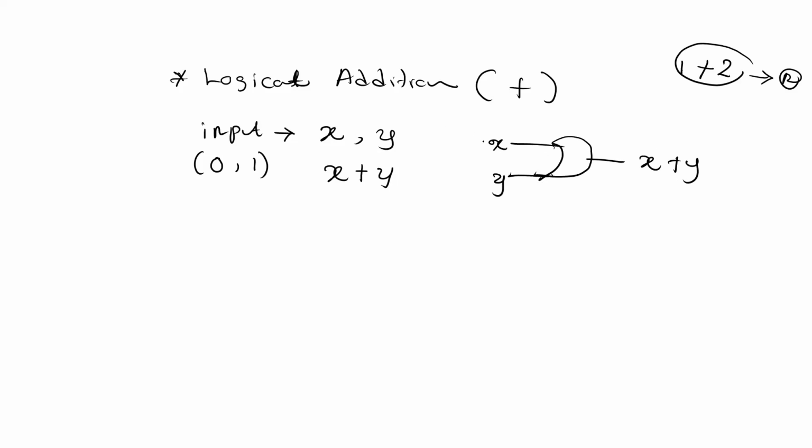The value for x may be 0 or 1, and the value for y also, sometimes it may be 0 and sometimes it may have the value 1. So the final output should be a unique value.